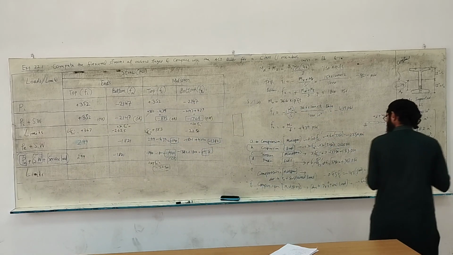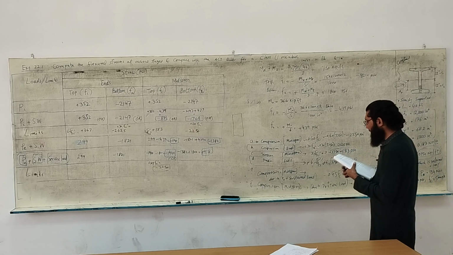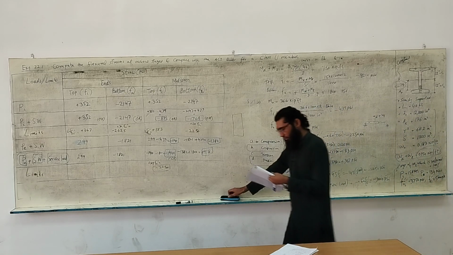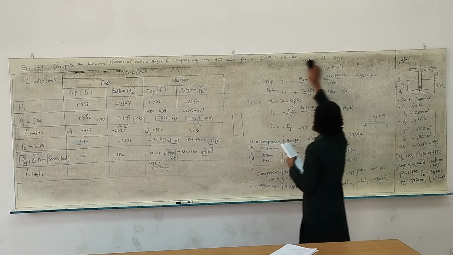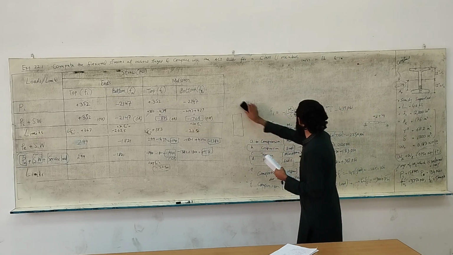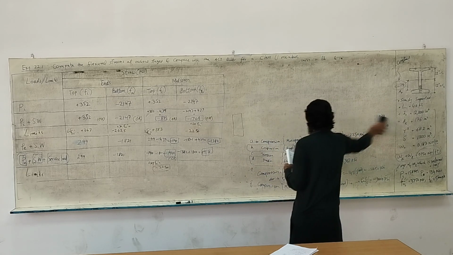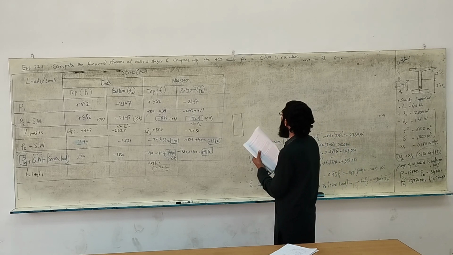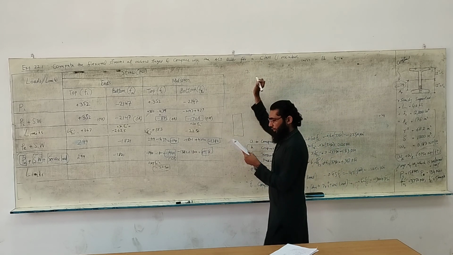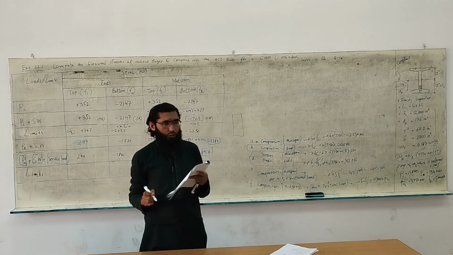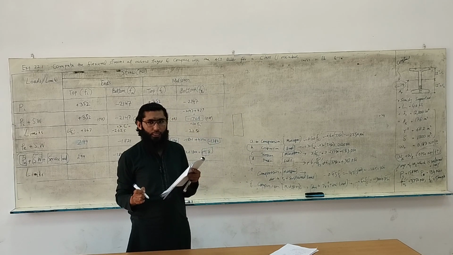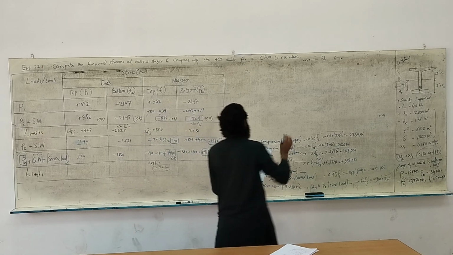This limit is in G, okay. This is the last one we're going to look at. So the G limit is extreme fiber stress in tension ft in pre-compressed tensile zone under service load.